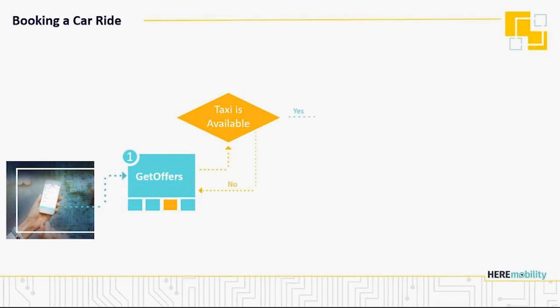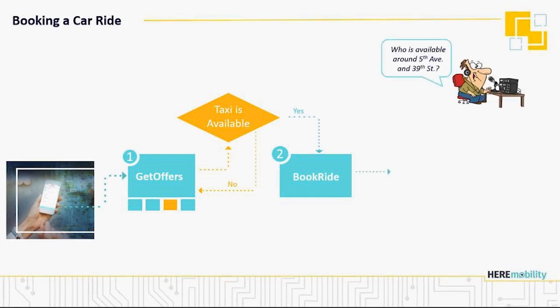Our marketplace checks if there is a taxi available. If there is, it will return a list of possible rides for the user to take. The user then can book a ride, and at this point, you as a developer need to register for ride updates to get all the updates regarding that specific ride.